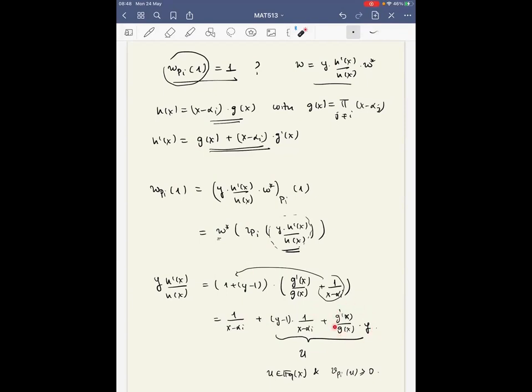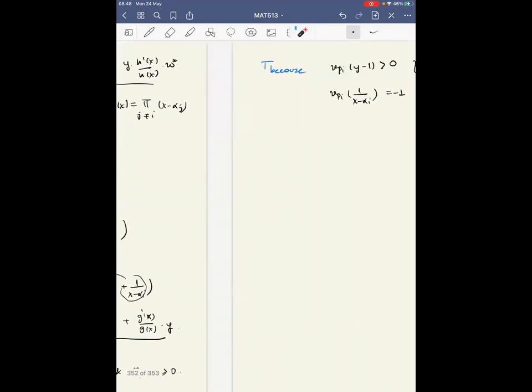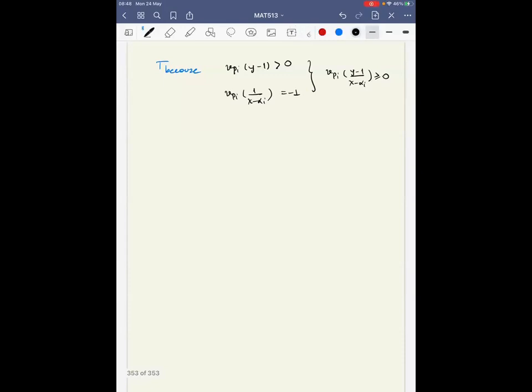And similarly, if we check the valuation of this function, because the derivative of g of x and g of x do not contain any linear factor x minus alpha, their valuations are going to be 0.